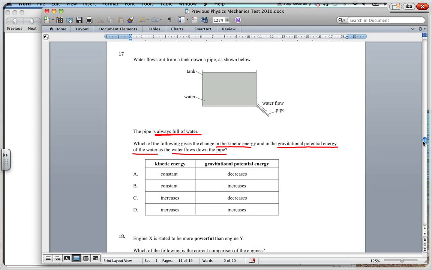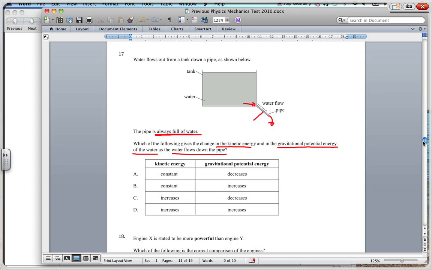So what you've got to realize is that if this is always full, the amount of water coming out must equal the amount of water going in. Because if it isn't, then there's some space if it's going faster.